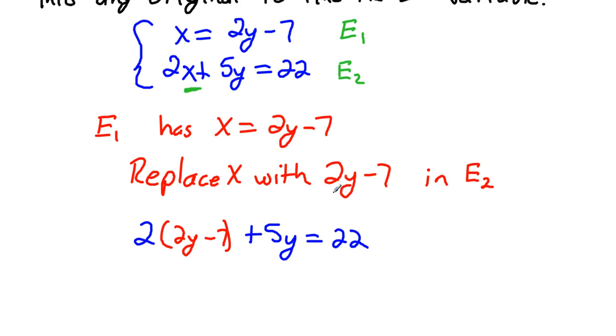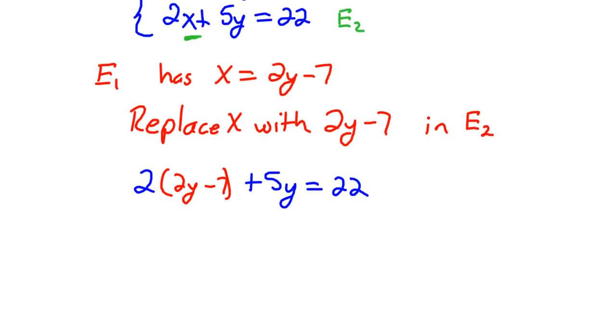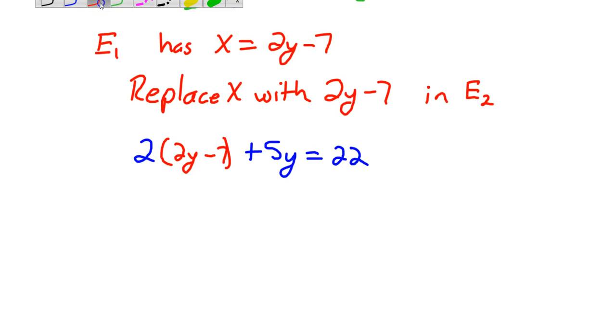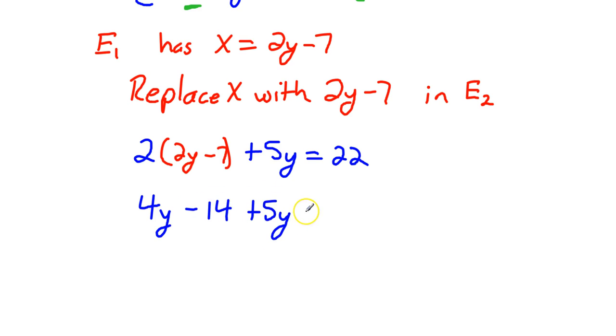And from there, now you've got one equation with one variable instead of two variables. And now you just solve that like a regular equation. First thing is you would have to do a little distributive property. So you've got 2 times 2 for 4y, 2 times 7 for 14, plus the 5y equals 22. And since the 4y and the 5y are on the same side, go ahead and put those together.